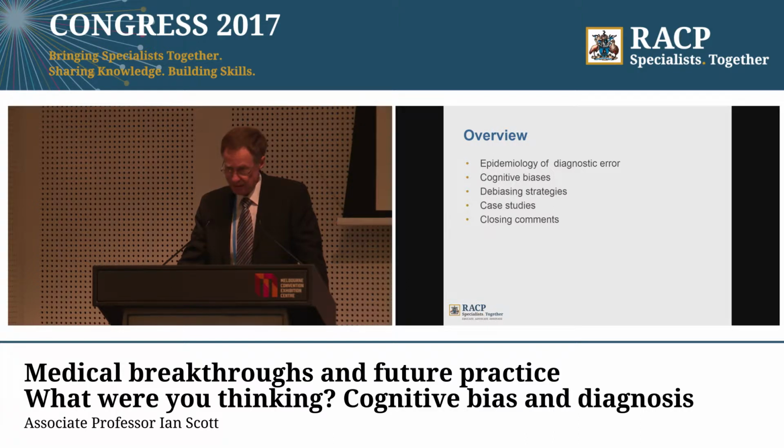Talk a bit about de-biasing strategies, what we can do to counter some of these biases, knowing that perhaps the research in this field is still developing. And then we're going to move on to the case studies. We have 4 case studies, and we're going to get you to vote in terms of what you think are some of the errors that people have made in some of these cases, and also what some of the cognitive biases are that perhaps underpin those errors. And then David's going to have some closing comments in relation to safety and systems more generally.